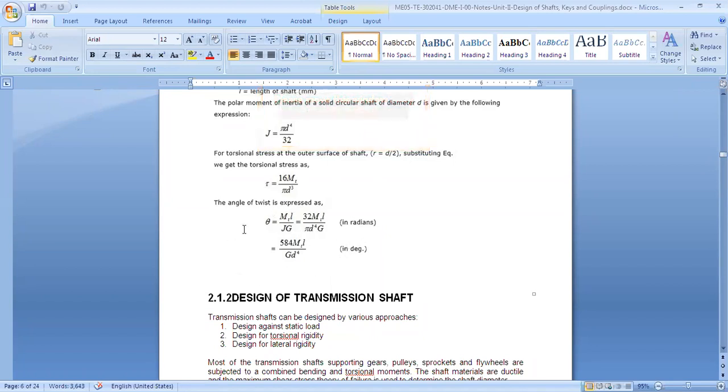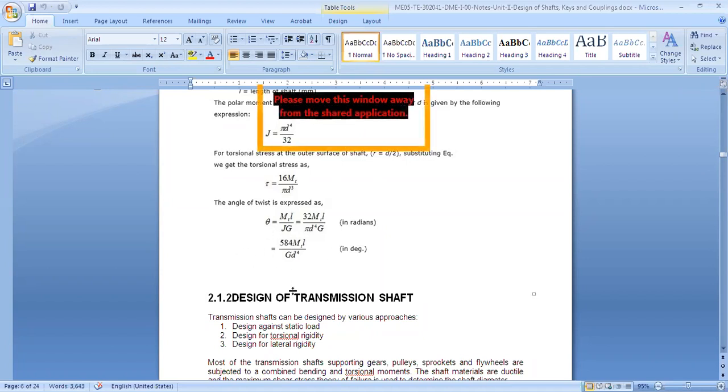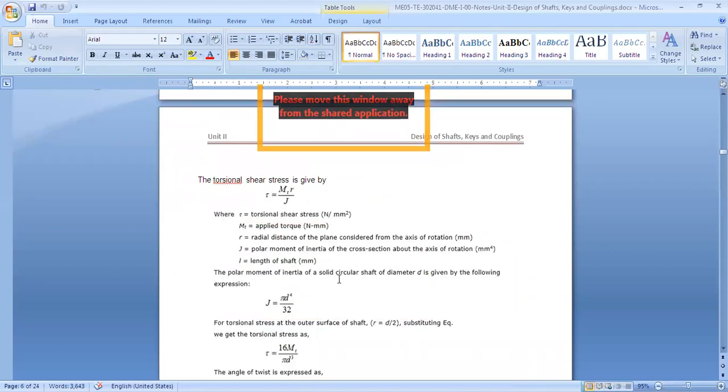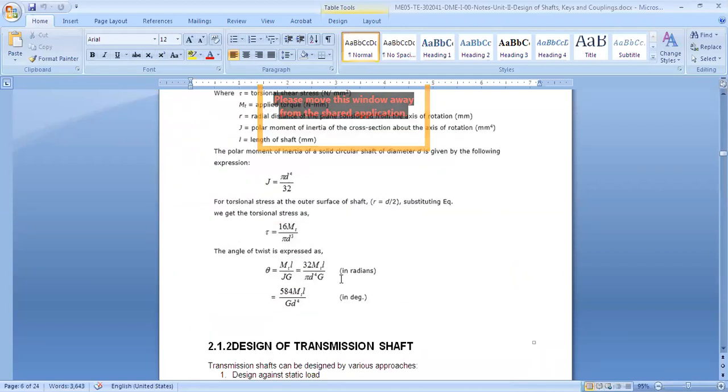If we do the calculation, you will get 584 point something. So we get this equation, and we have to keep it in mind: the angle of twist theta in degrees is 584 MtL upon G d raised to 4. This is called the design of the shaft for the torsional rigidity.